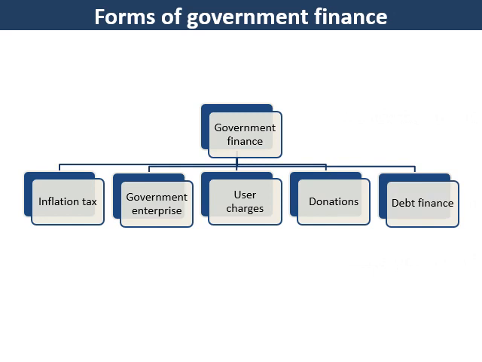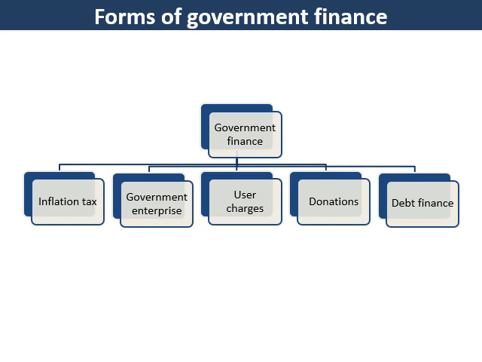So, now what are the different forms of government finance apart from taxation? Here we can classify the other forms of government finance into 5 categories, which are inflation tax or government-induced inflation, government enterprise, user charges, donation, and debt finance.